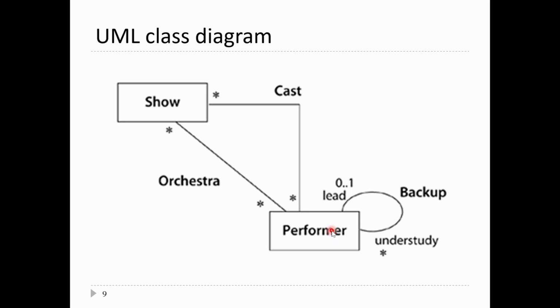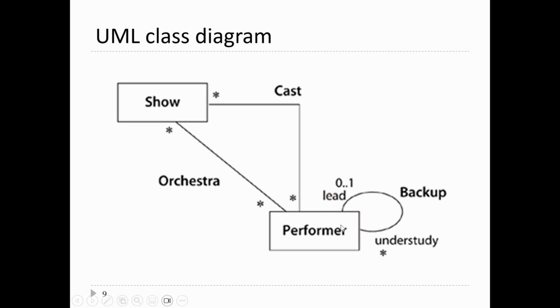Notice that a class can have an association with itself, and that's what this line is indicating here. This line here is for the backup role for a performer. So a performer can be the backup to another performer. And here you've got the roles of the performers, understudy and lead.